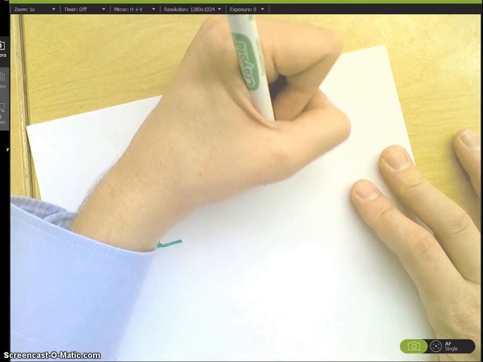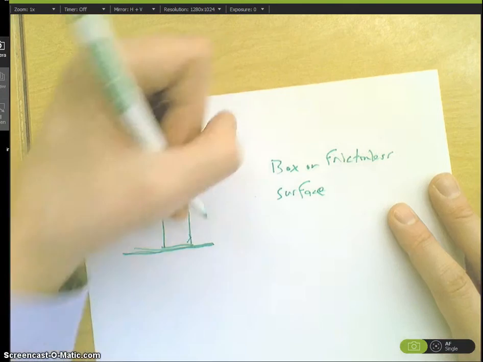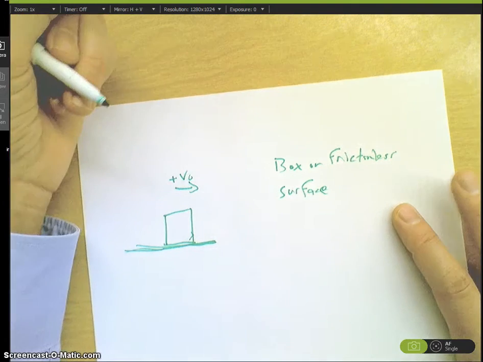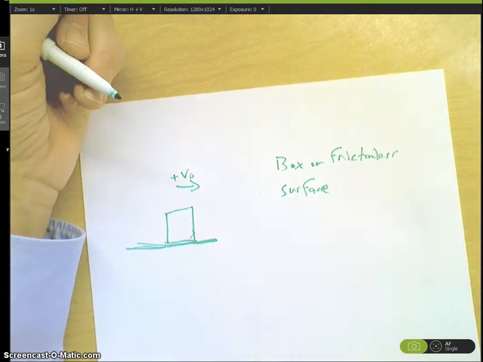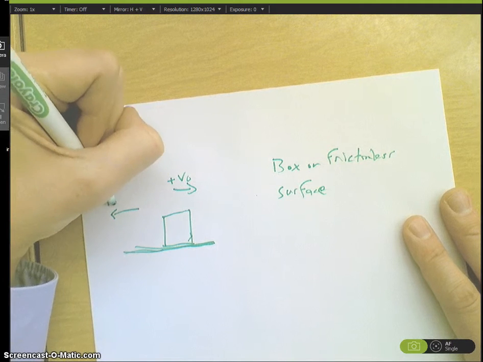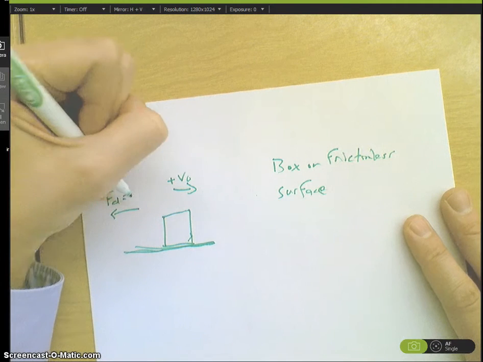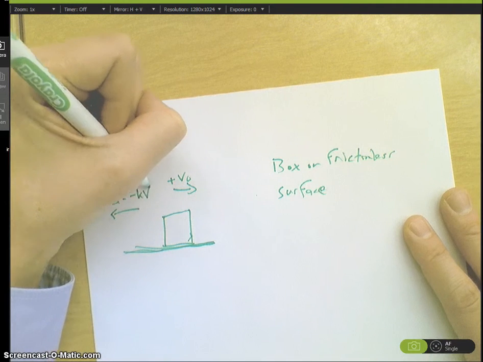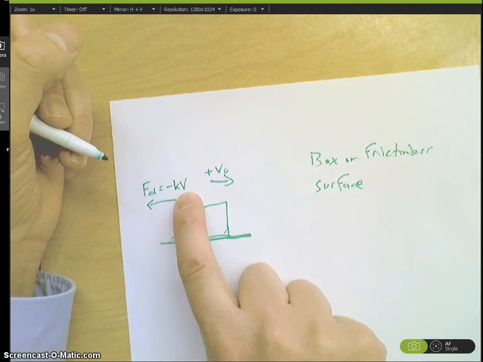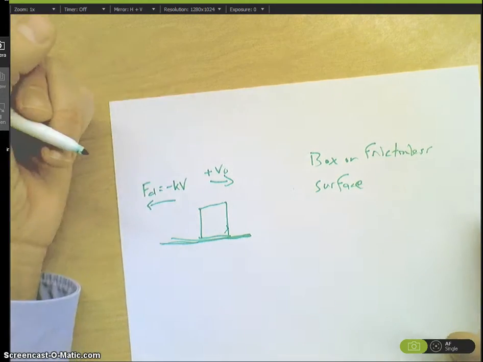And of course, if there was no air drag and the box had a velocity, it would just maintain that velocity. But with the drag force, it's going to be slowing down. So let's just assume that it's a drag force of minus kv.